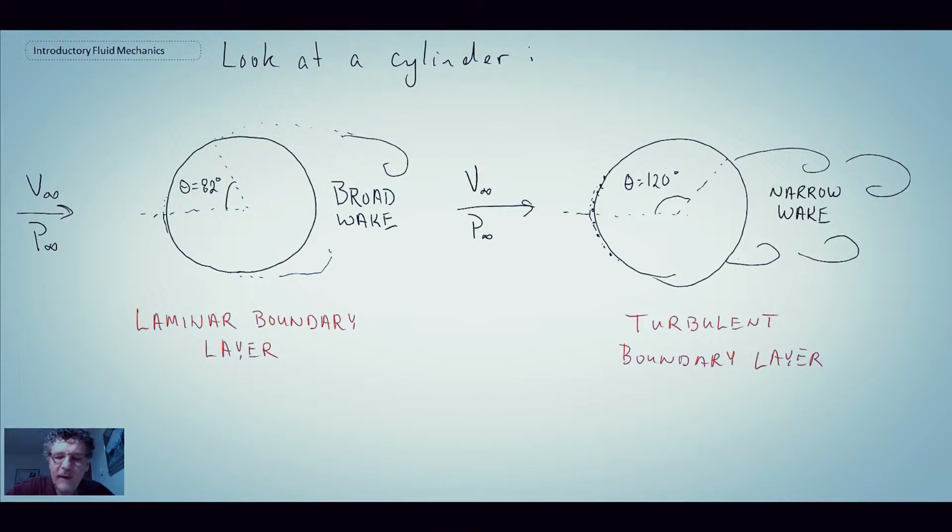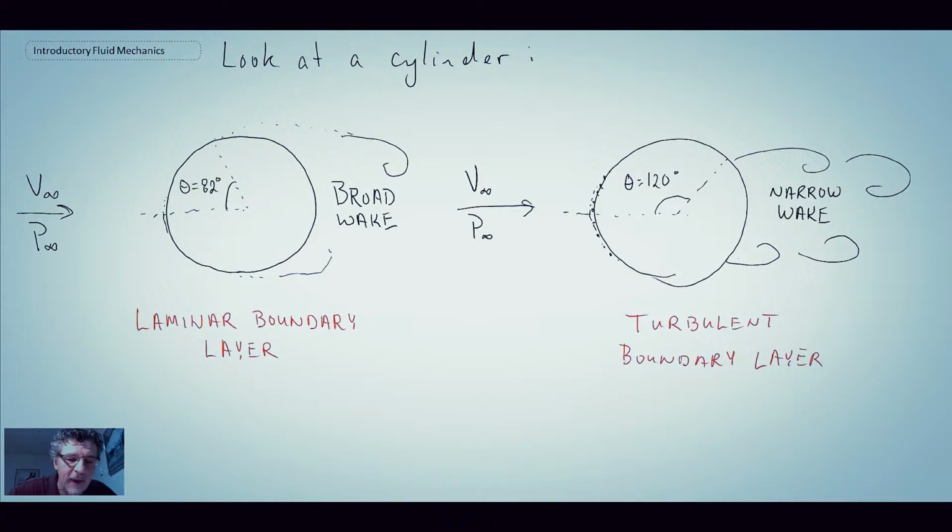But if you have the turbulent boundary layer, it will have an impact upon the separation characteristics from the body. If you recall, we had the lecture about how pressure gradients are very important to the performance of boundary layers. And you can have either favorable or adverse pressure gradients.